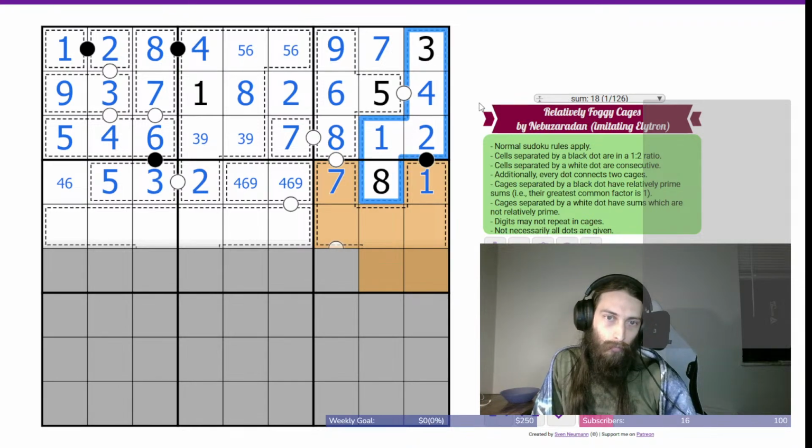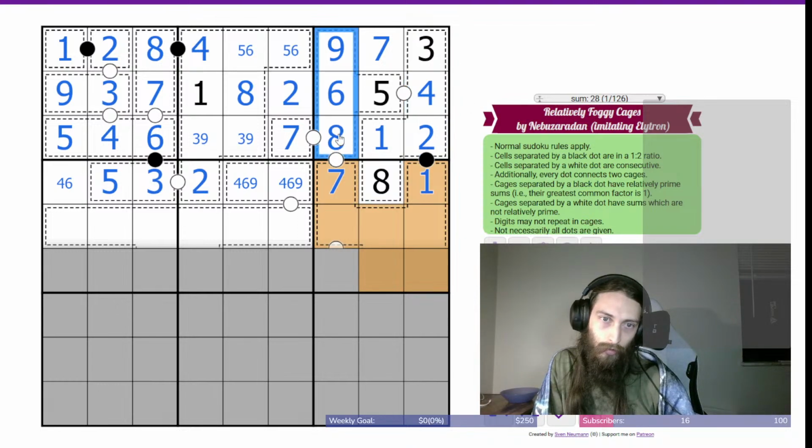But it's not a multiple of 18. Or rather, it doesn't share a 2 or a 3. But since this has a 2 as a factor, that means this has to be a multiple of 7.